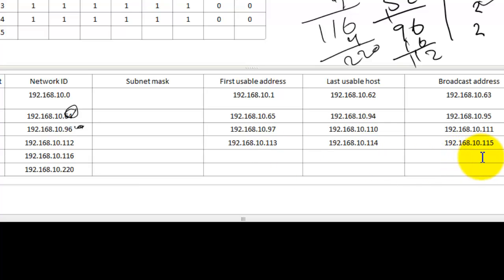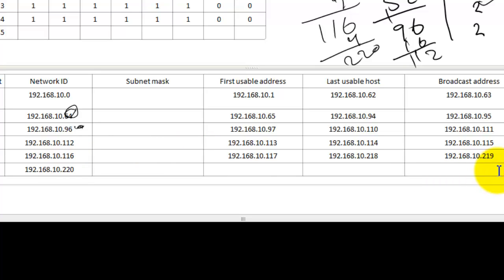broadcast. So 220 here, you have then 219, that will be the broadcast. 218 will be the last usable IP, and 217 will be the first usable IP. So here, because it's an increment of 4, this one will be 224.